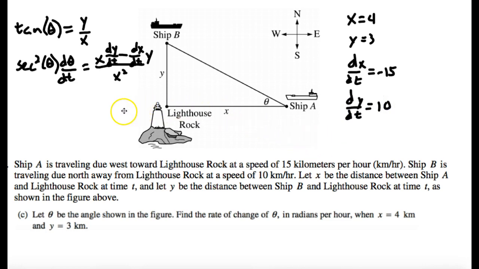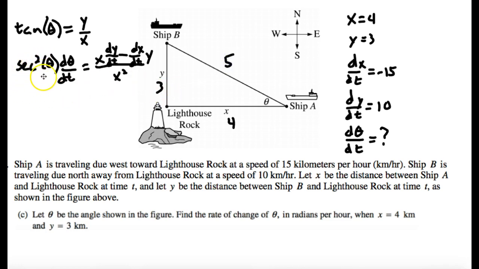What else do we need here? Well, we need secant squared, because my goal is to find the rate of change of theta. I want to find d theta dt. But how on earth do I find secant squared? Well, all we have to do is think about our triangle. I know that the sides are 3, 4, 5.